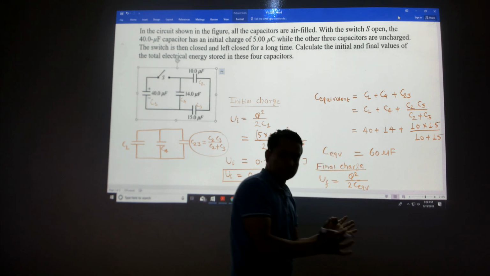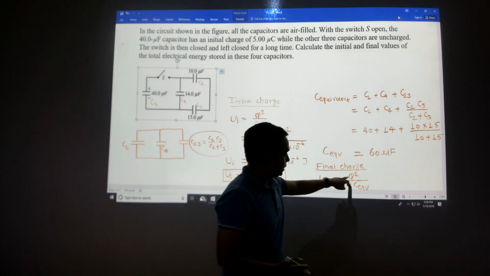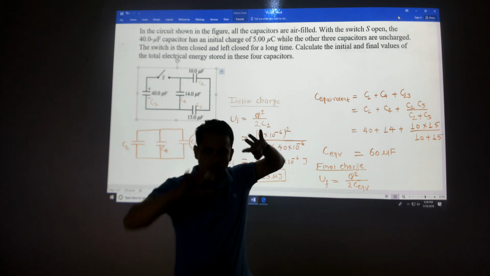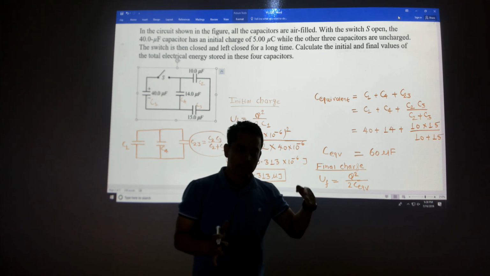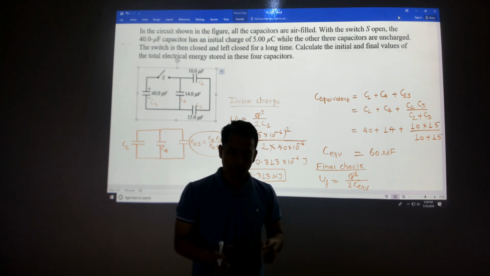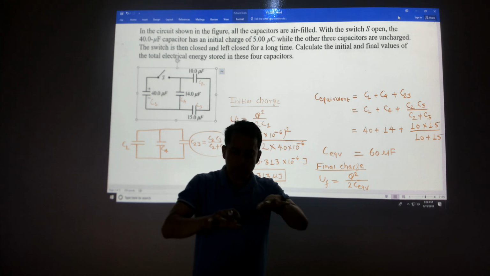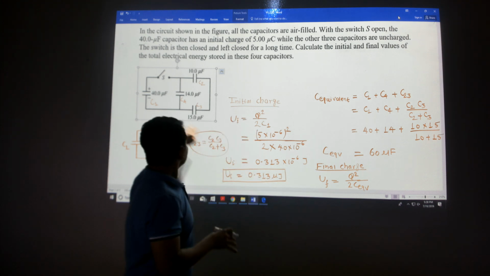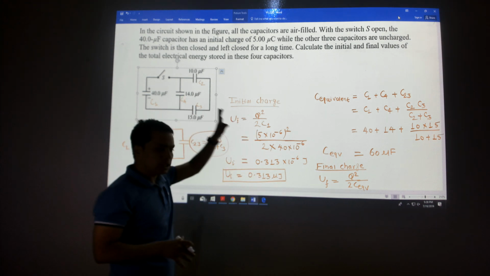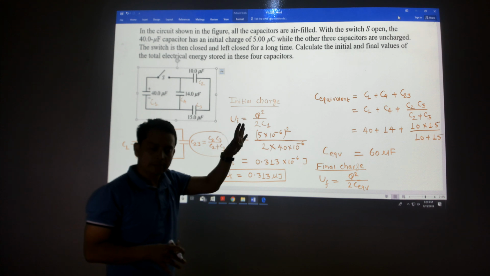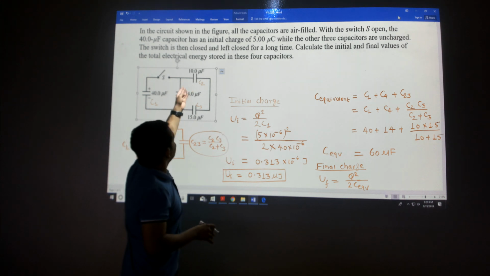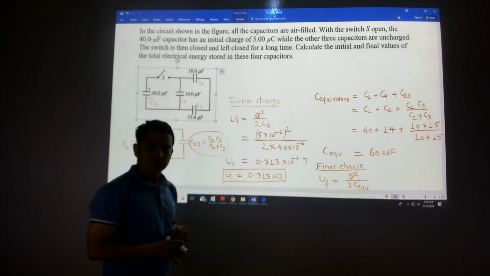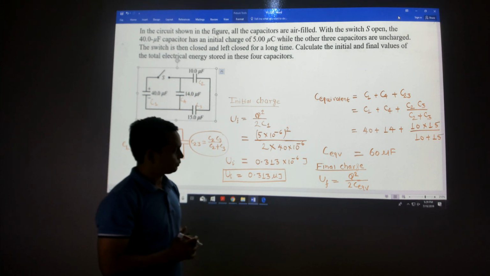The charge does not change. The total charge of the system is exactly the same as before closing the switch. The only thing that happens is the redistribution of charges. The 5 microcoulomb charge initially and after is exactly the same, but now it is distributed onto these capacitors as well, but the total charge is the same.